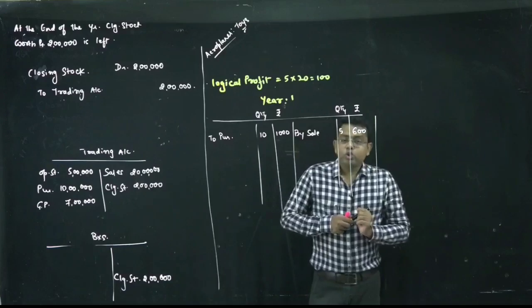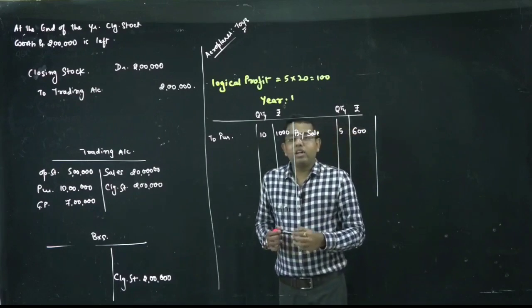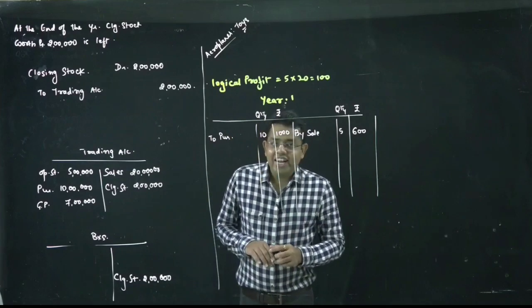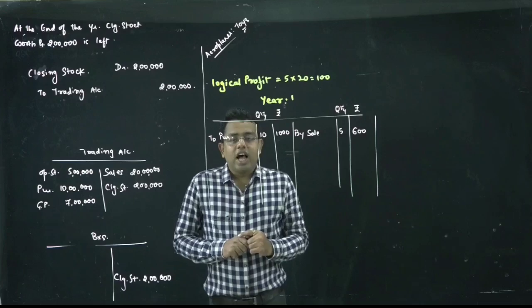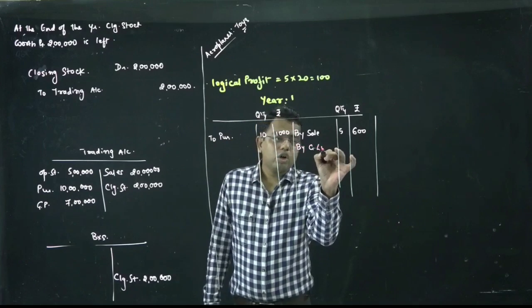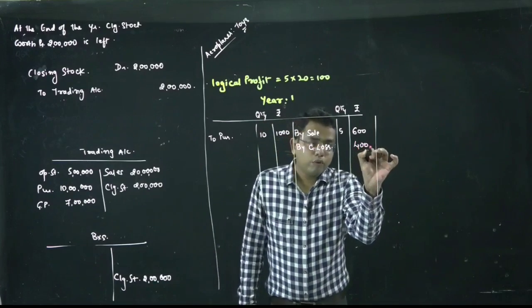Is it fine? This should be there as my logical profit. But I don't know how to give the effect of closing stock, and hence what I am doing is I am writing a gross loss of what amount?